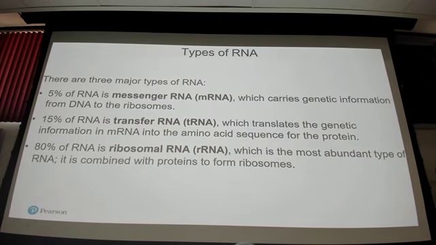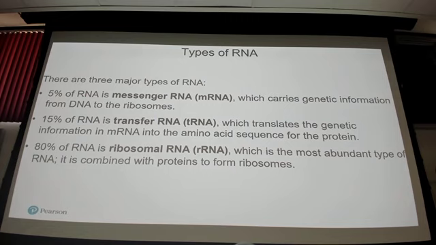You have the ribosomal RNA, as I just mentioned, which forms ribosomes with proteins. Then you have transfer RNAs. Transfer RNAs carry the amino acids to the ribosome and transfer them to the growing peptide sequence. And then, of course, our messenger RNA contains our genetic information.